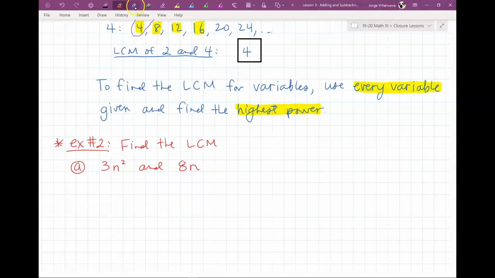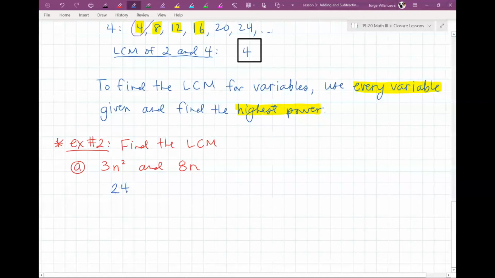Let's think about this. What numbers do 3 and 8 both go into? What multiple do they share in common? They both go into 48 and a bunch of other numbers, but what's the smallest number that they both go into? 3 and 8 both go into 24. 24 is the smallest number.